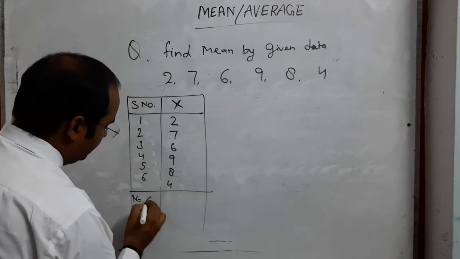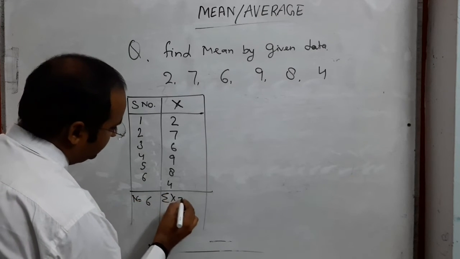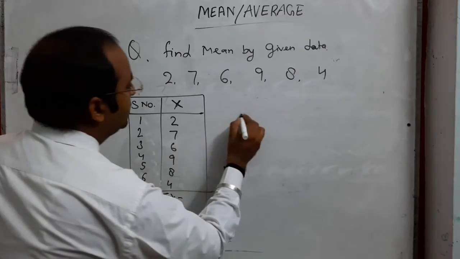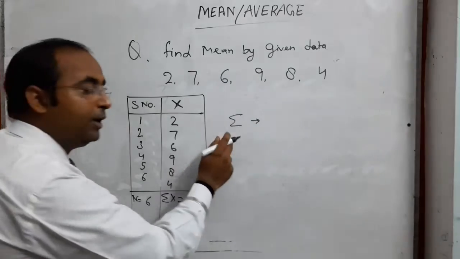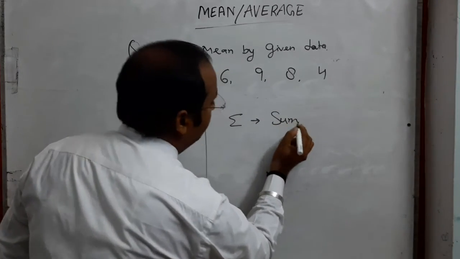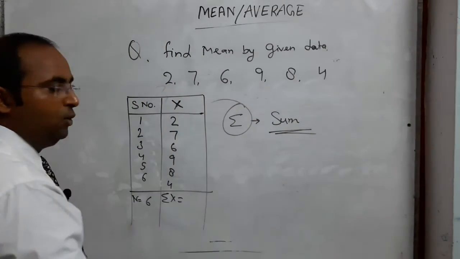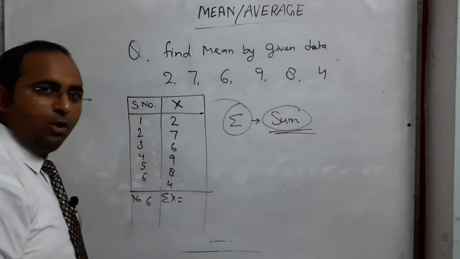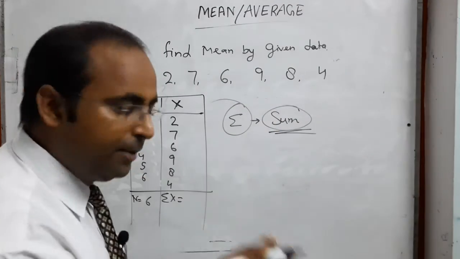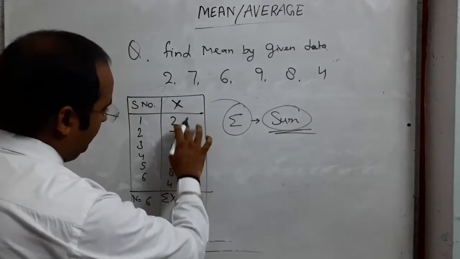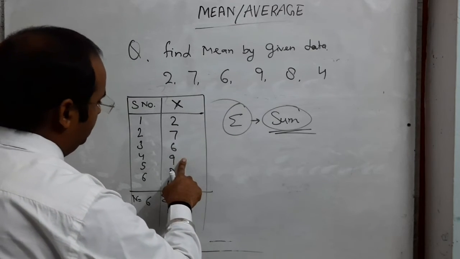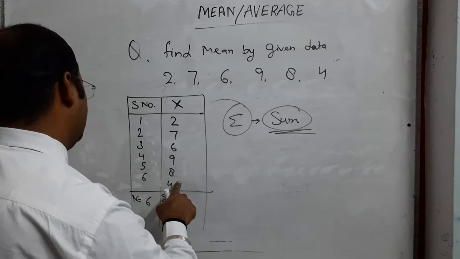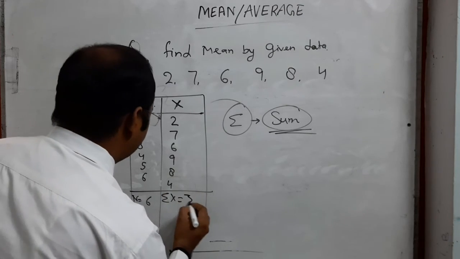N equals 6. Now sigma x equals the sum. This sign indicates that you have to do the sum of any values that are given. You add these: 36.